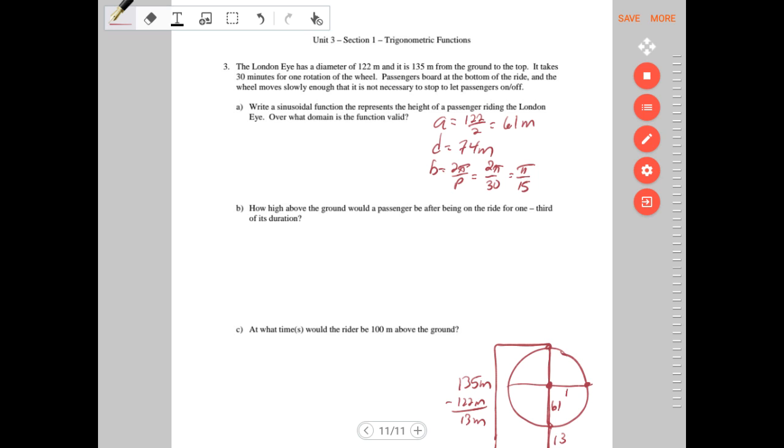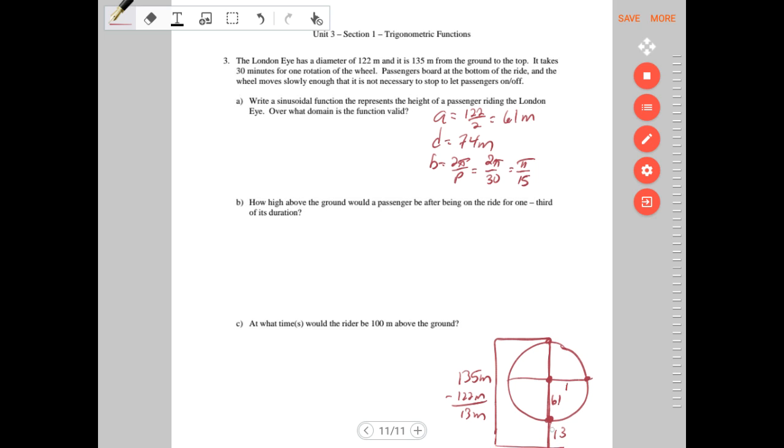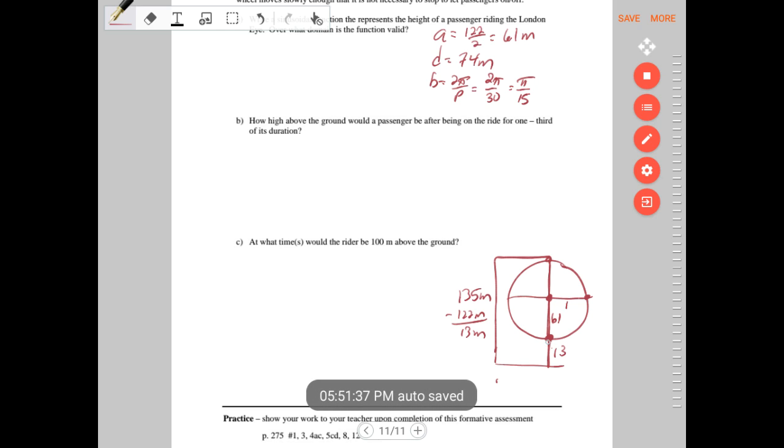Okay, and C, because this graph, or the Ferris wheel, or whatever, London Eye, starts at the bottom, at time 0, then if we're doing a sine graph, it should normally start here on the side. So that means we have to back up a quarter of a turn.